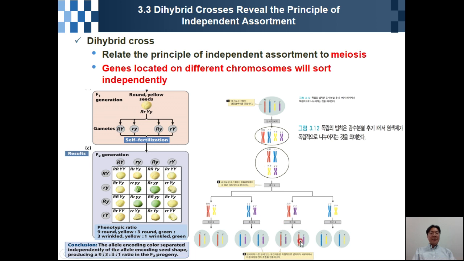Finally, after meiosis 2, they will have these gametes like this. So if the genes are located on different chromosomes, for example the genes encoding shape and the genes encoding color, they also assort independently based on meiosis. So if we relate the principle of independent assortment to meiosis, we can easily explain it.